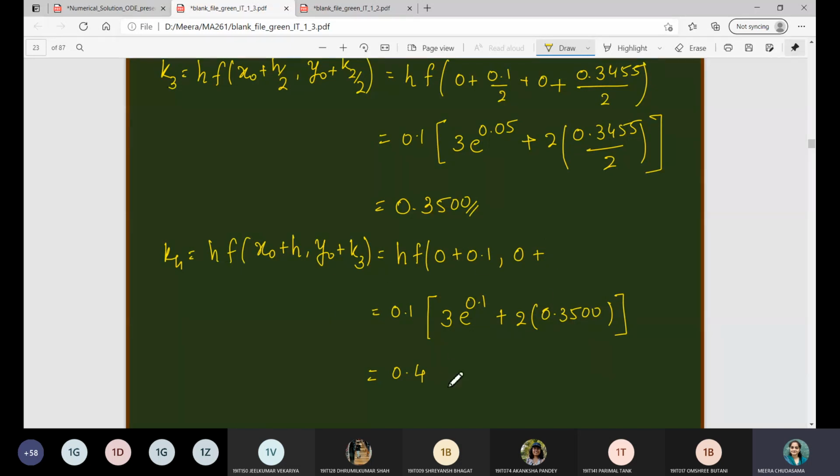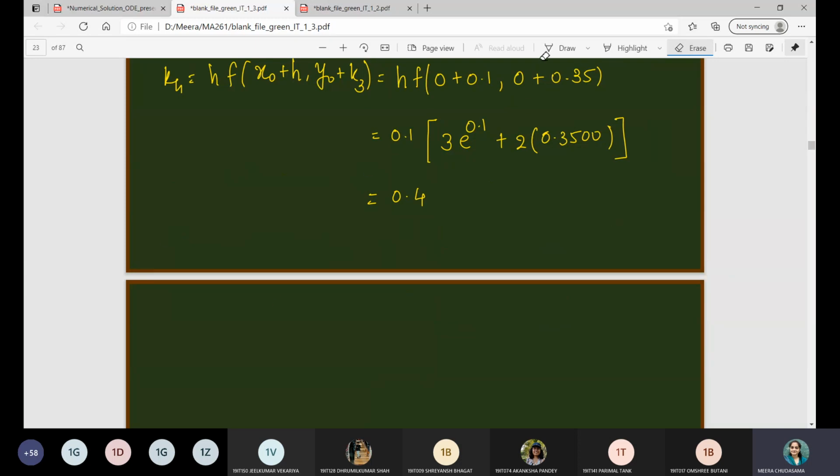I am asking now to compute K4. 0.4017. 4017.